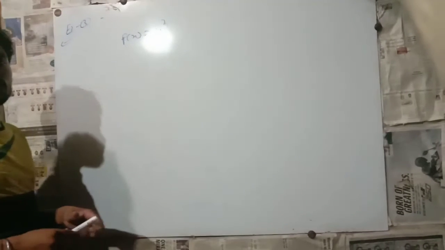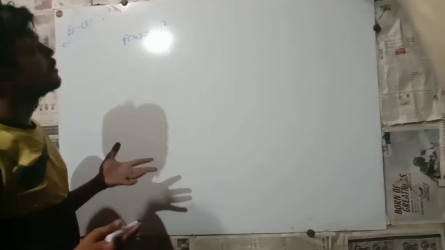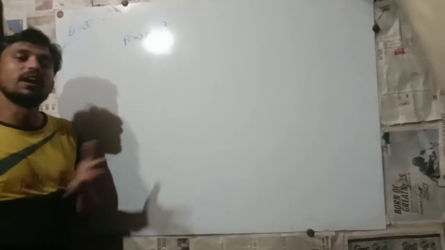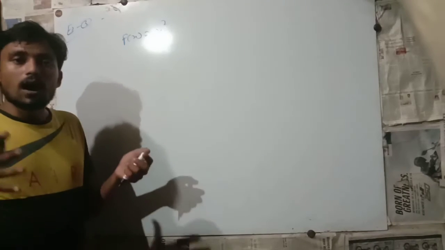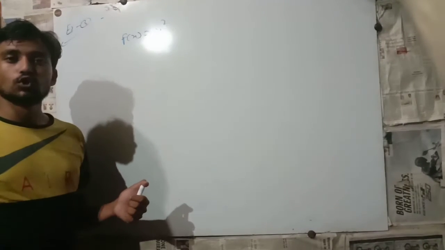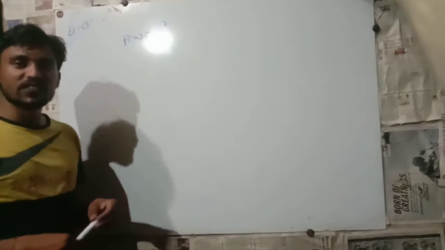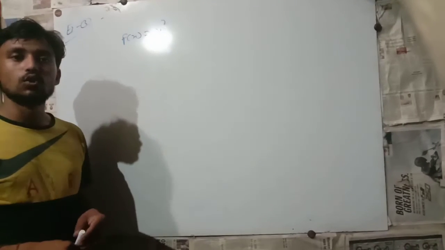We know very well that the differentiation of x square is 2x directly. But how do we get 2x? How can we prove that the differentiation of x square is 2x?